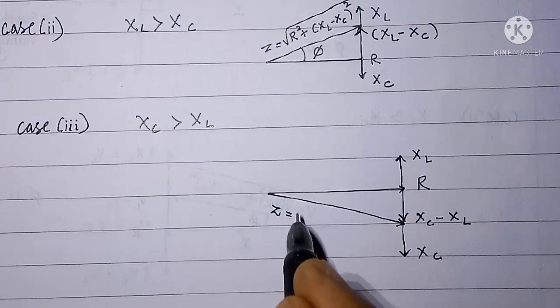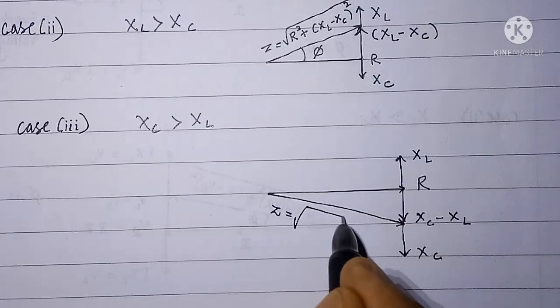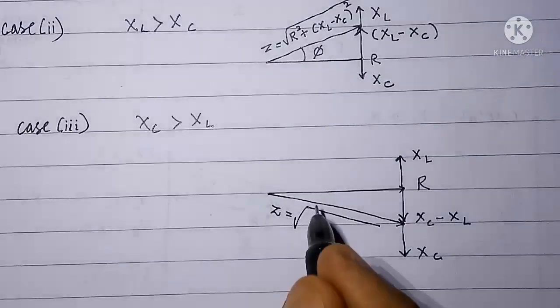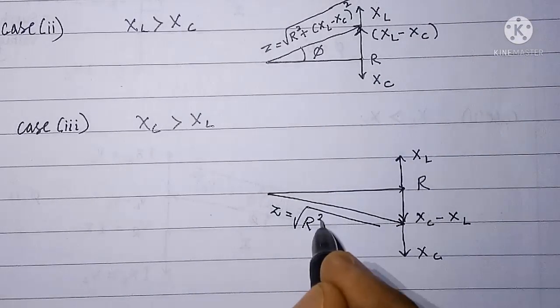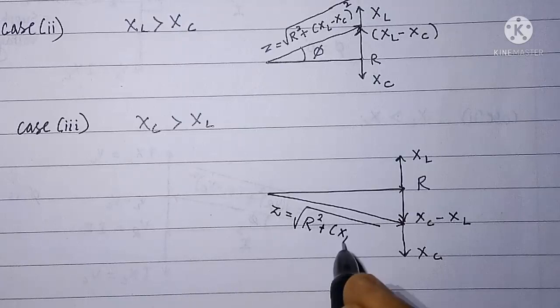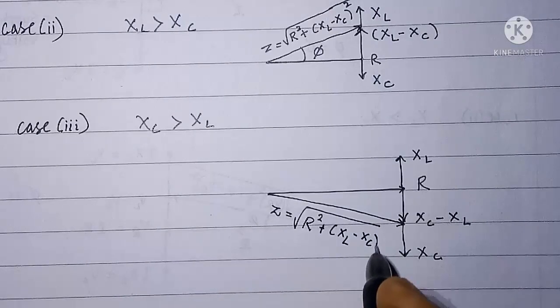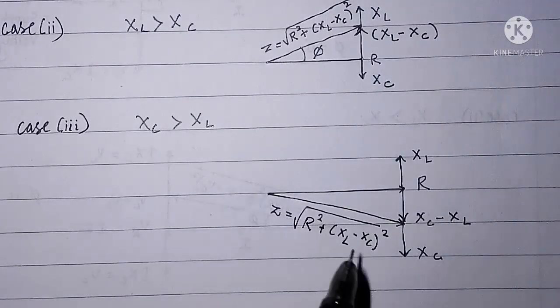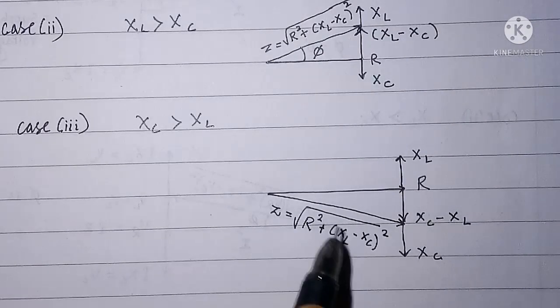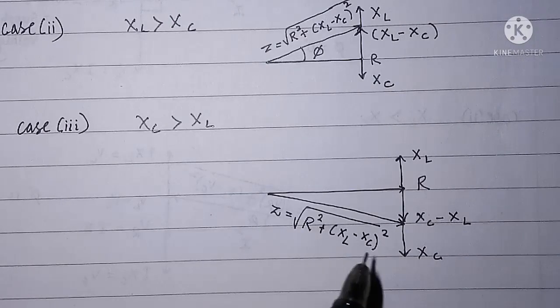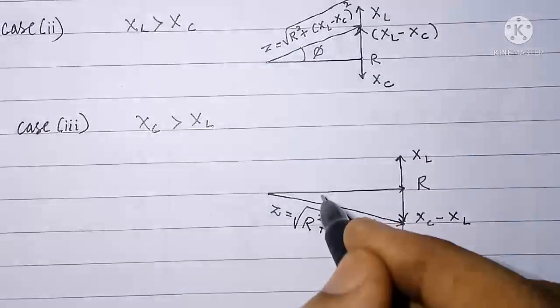And impedance of the circuit for this case is under root R square plus XL minus XC whole square. You take XL minus XC whole square or XC minus XL whole square, result remains same, because square of a number with positive sign or negative sign is same.